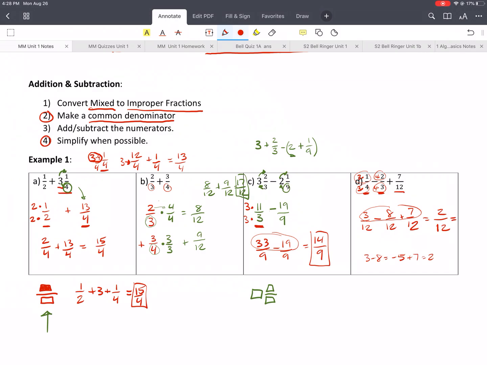So we can simplify that to get 1/6. And just in case, how we do that is we can divide 2 by 2 and 12 by 2. That would be the greatest common factor for those two. So we just divide top and bottom by 2, and that gives us 1/6.